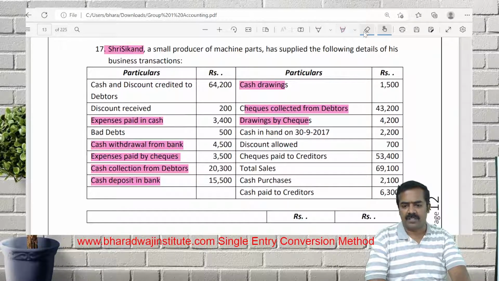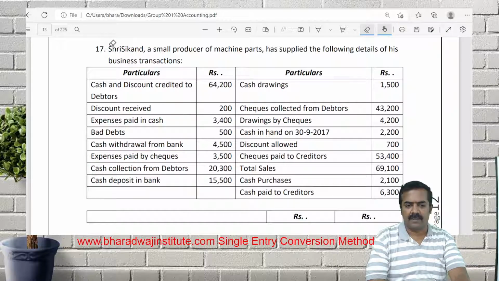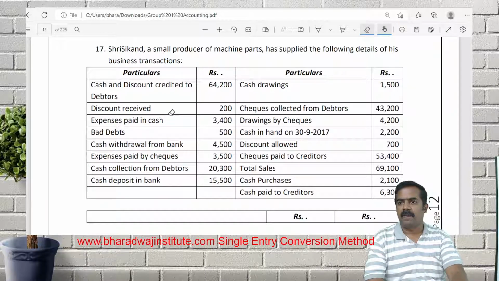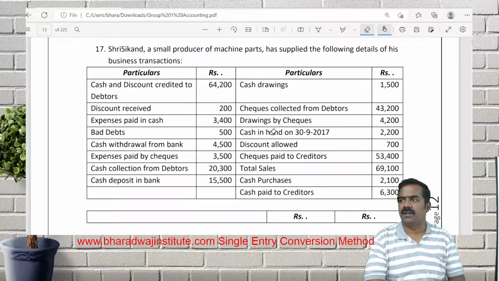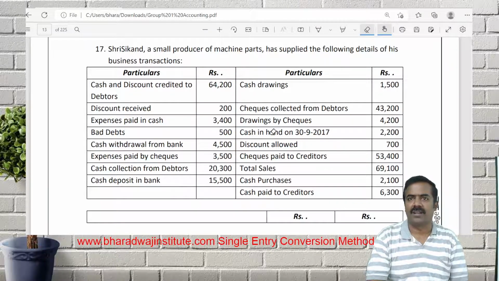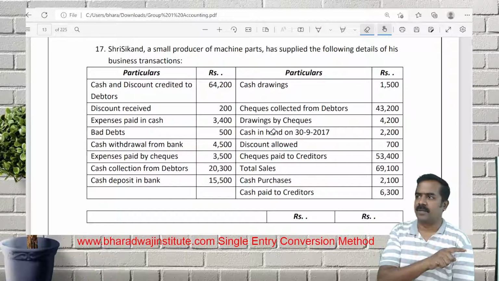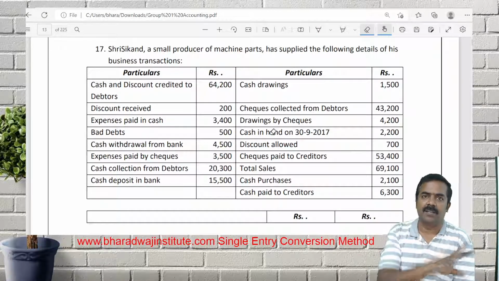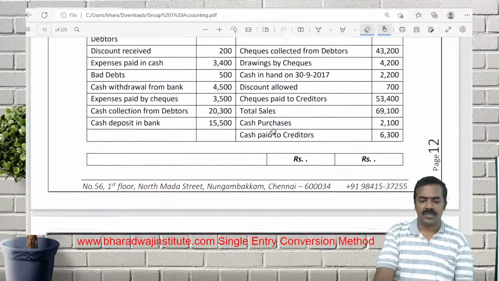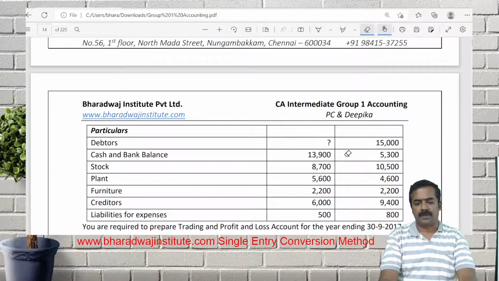Are we given information separately for cash as well as bank? Yes, sir. Every payment or receipt, cash and bank, is given separately. So you have to prepare the cash account and bank account separately.